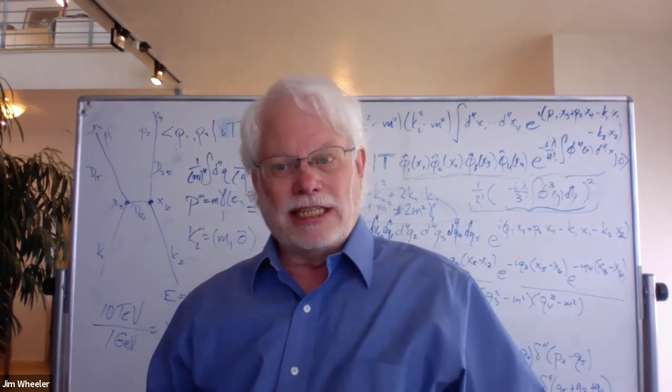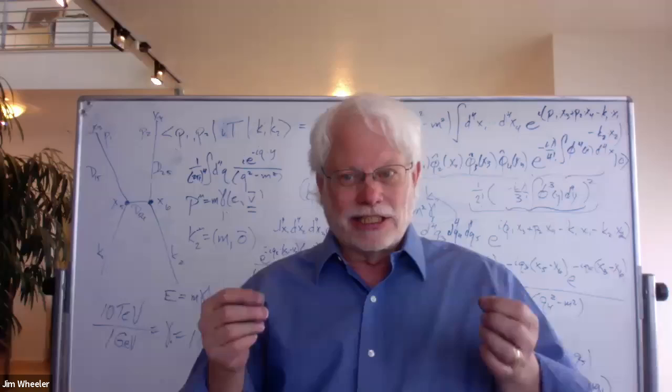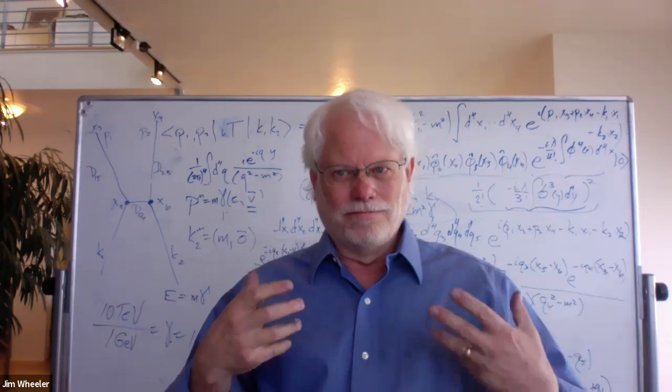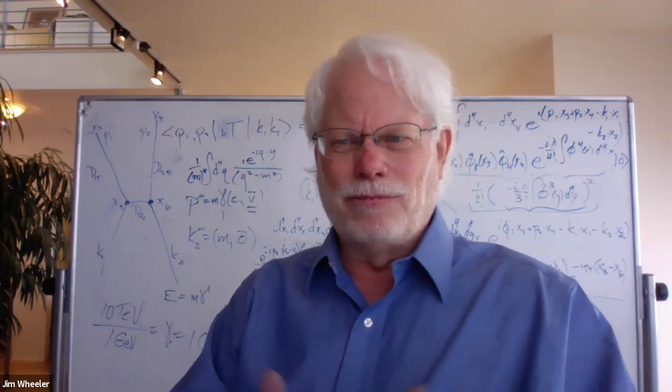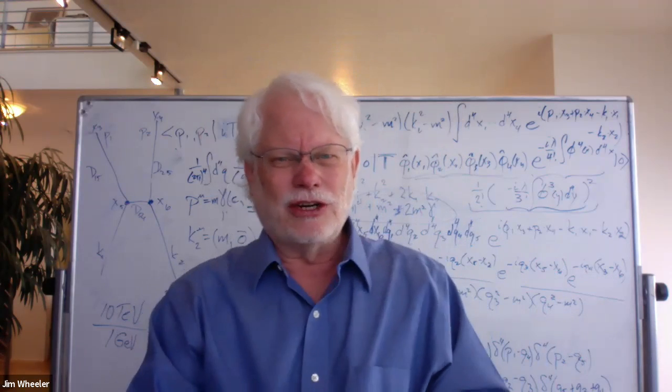People bunch these things. It's not just a single proton. It's a batch of, I don't know how many, 1 million particles in a batch, or 1 billion. I'm not sure.